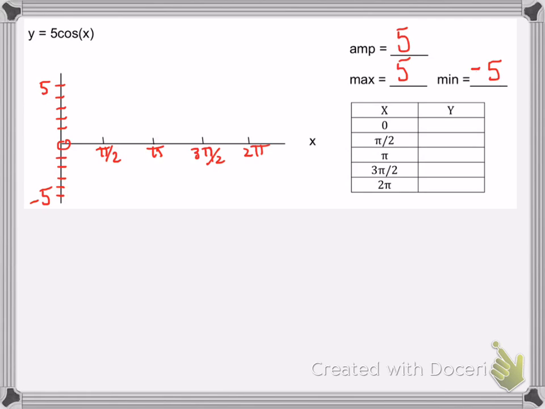Now when I go to plot, since this time it's cosine, I start up at my max, center line, min, center line, max.